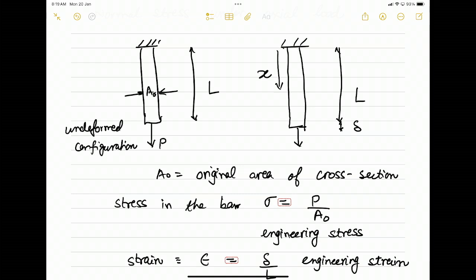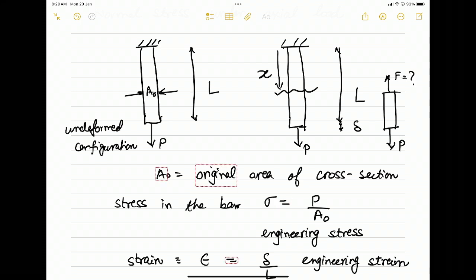Suppose I have to find sigma at a particular x. I will make a cut section, and then I draw a free body diagram. I have the load P here. If the load at the cut is F, which I do not know, then when I apply my equation of statics, F must be equal to P.